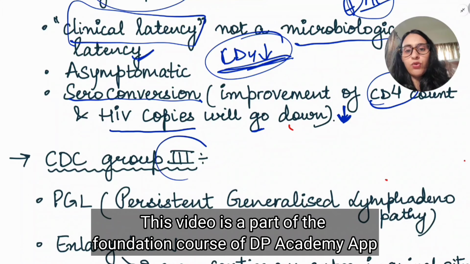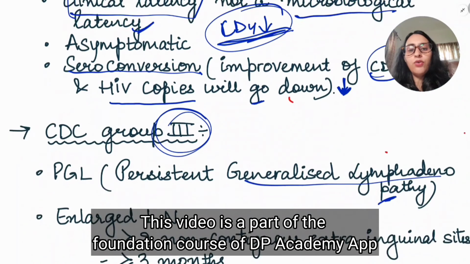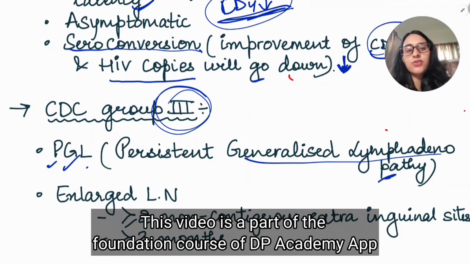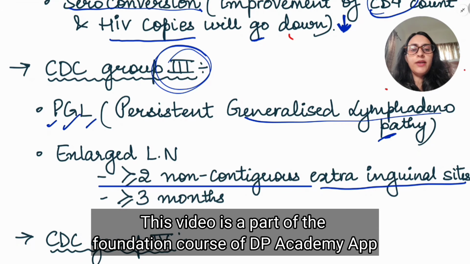Now coming to CDC group 3. In a group 3 patient, the symptoms start coming back again. So there is going to be generalized lymphadenopathy. Symptoms of the patient are seen now. So there is persistent generalized lymphadenopathy. How is this lymphadenopathy? There is going to be enlarged lymph node, but with more than 2 non-contiguous extra-inguinal sites involved.